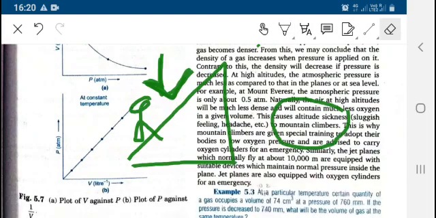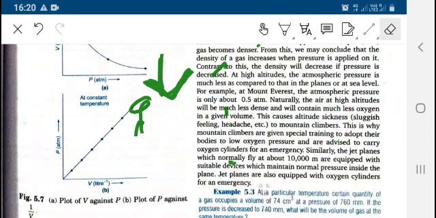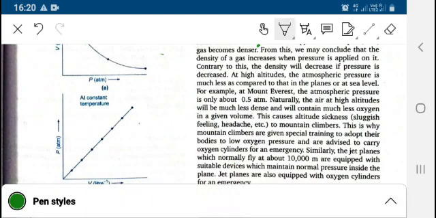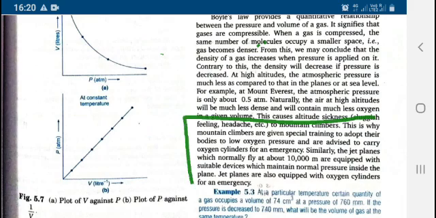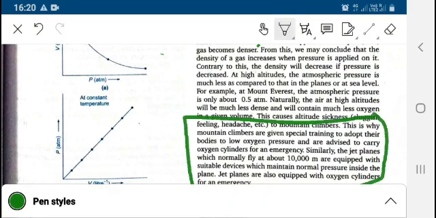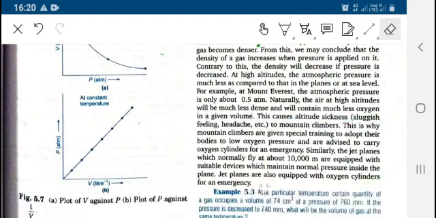There also Boyle's law is working. So they have to carry oxygen cylinders. Mountain climbers are given special training to adapt their bodies to low O2 pressure. It is all because of Boyle's law.